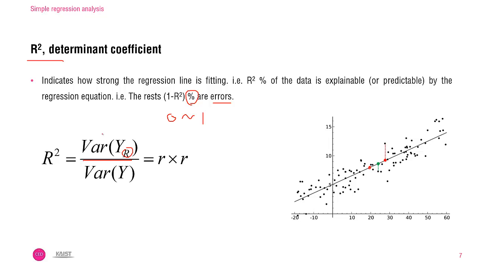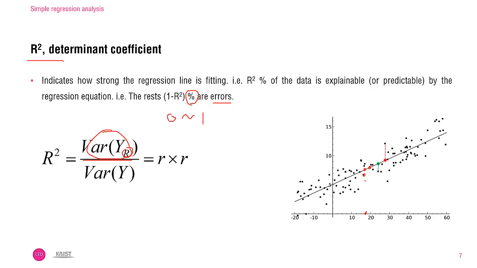So the variance of y values on the regression line means, for instance, regarding this x, the y should be here, because according to the regression equation, the y value should have been here, but the actual data has the y value of this.